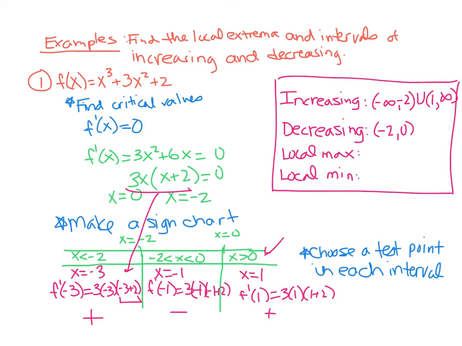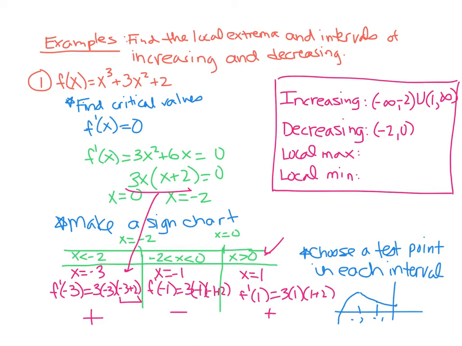What I would recommend doing is just try to draw a quick sketch. So I know that this is -2, this is -1. So I know that my graph is increasing until I get to -2. Then it starts decreasing, and it decreases until I get to 0.